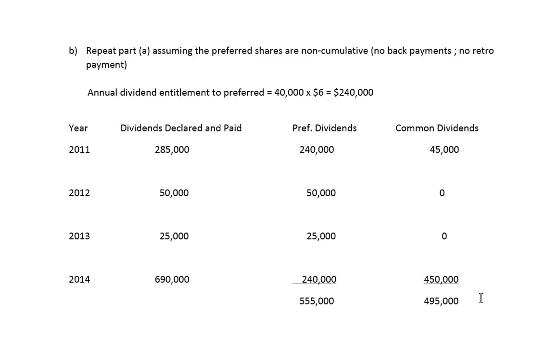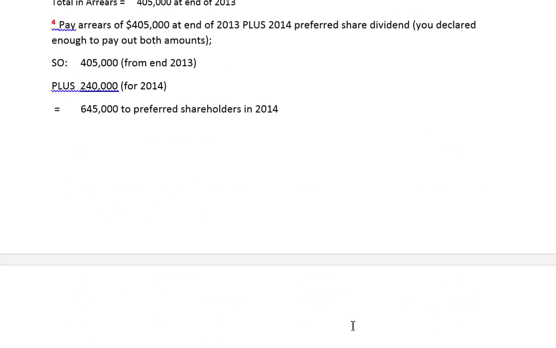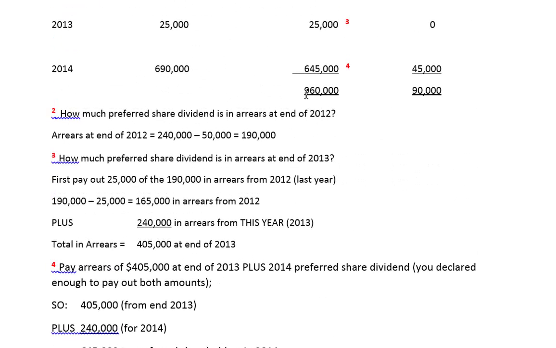So now the common shareholders get a common share dividend of $450,000. So now you see that over a 4-year period, preferred shareholders only get $555,000, not $960,000 like they did when they had cumulative preferred shares.